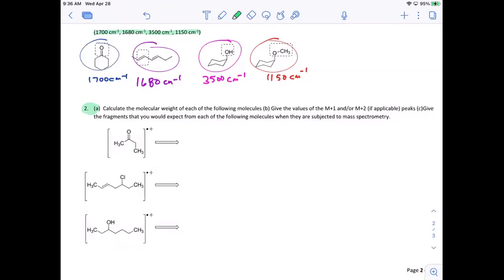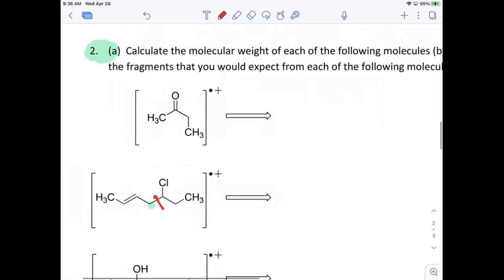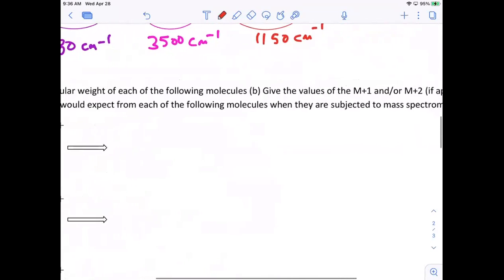We also talked about allylic cleavage for alkenes. So wherever that allylic carbon is, which in this case is going to be here, that's where your cleavage is going to take place. And then you can also have alpha cleavage on the other side of that chlorine. The only thing we haven't talked about is right here, and we can do it right now.